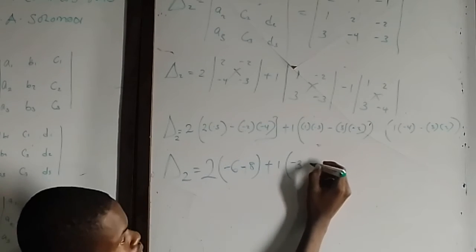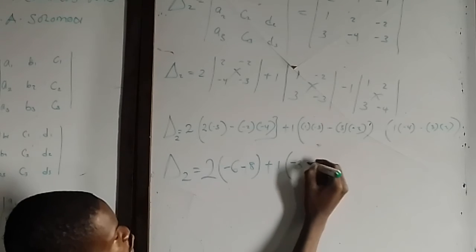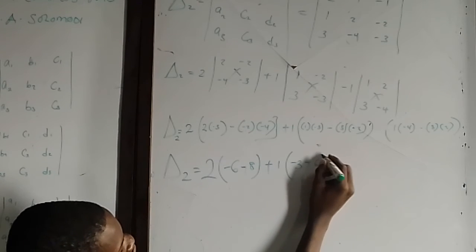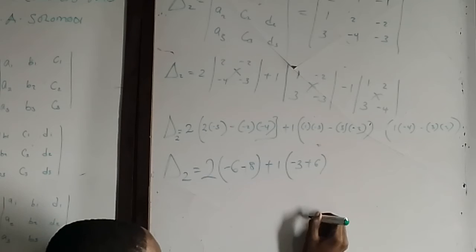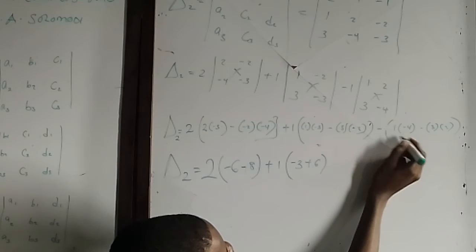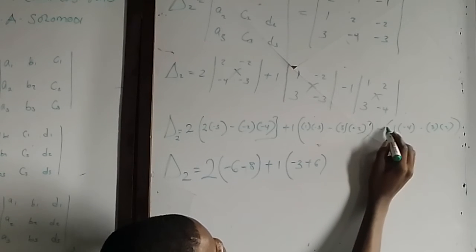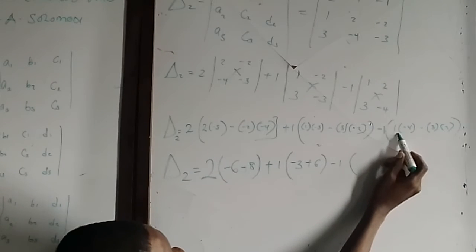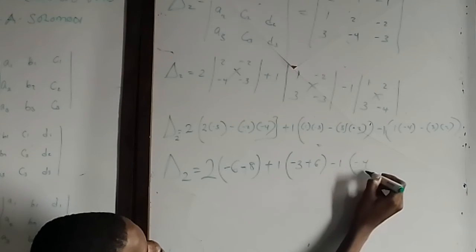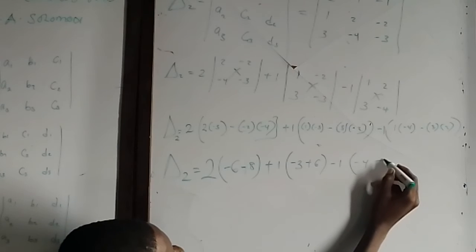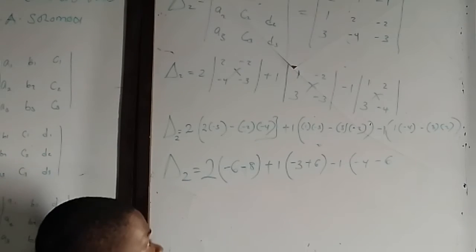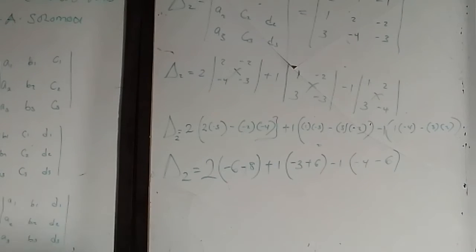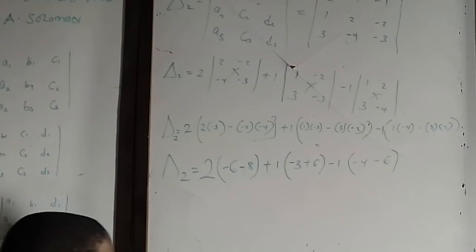Then minus times minus will give us plus 6. Do you understand? So we are going to have minus 1. Then 1 times minus 4 will give us minus 4. Minus 6, 3 times 2 will give us 6. So let's continue.